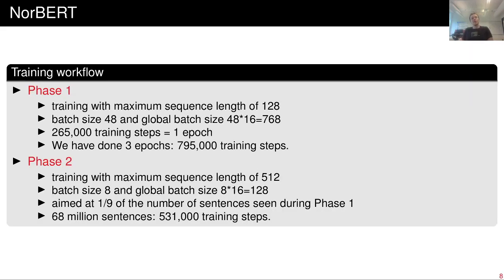The training workflow in general was quite standard. As usual with BERT models, it was divided into 2 phases, where one phase used a maximum sequence length of 128, and the second phase used a maximum sequence length of 512 and a slightly smaller batch size. This was pretty standard.